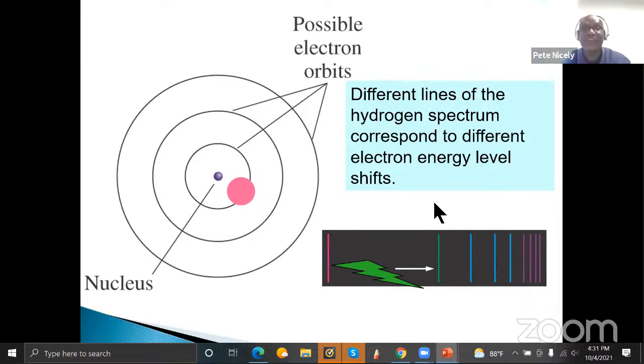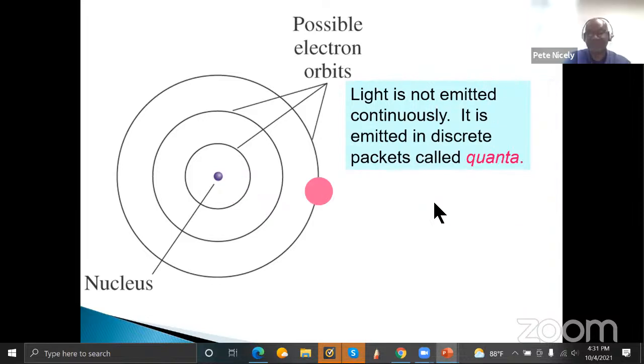Now, let me move on to a definition here. The point being made here is that the light that is emitted is not emitted continuously. It is emitted in discrete packets known as quanta, which is basically the same thing as the photons that we talked about.